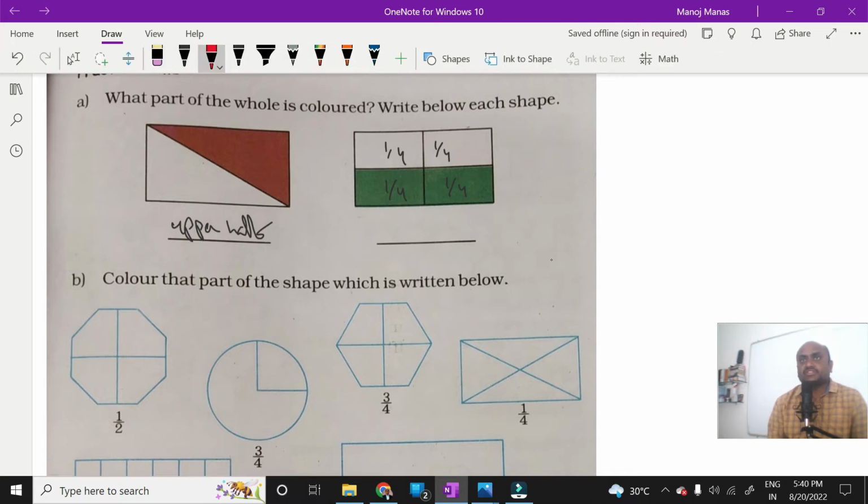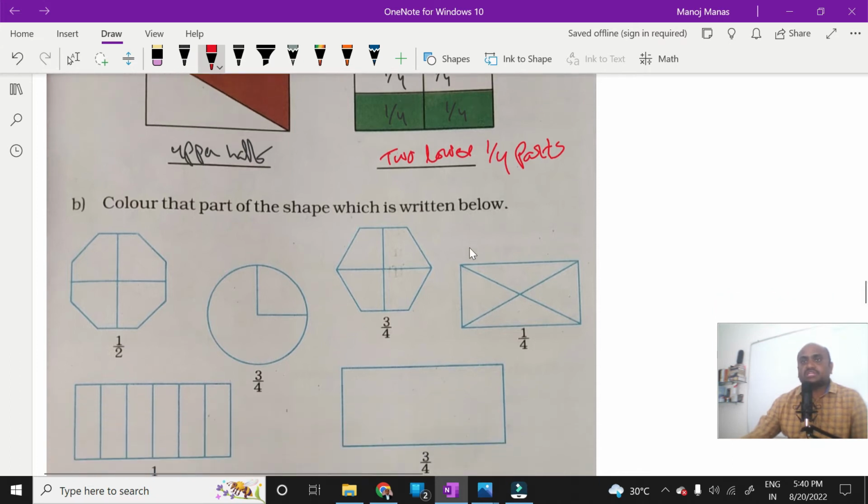I can say that totally there are two lower 1 by 4 parts, same like how it was the upper half. So here, two lower 1 by 4 parts. Like this you have to write down.